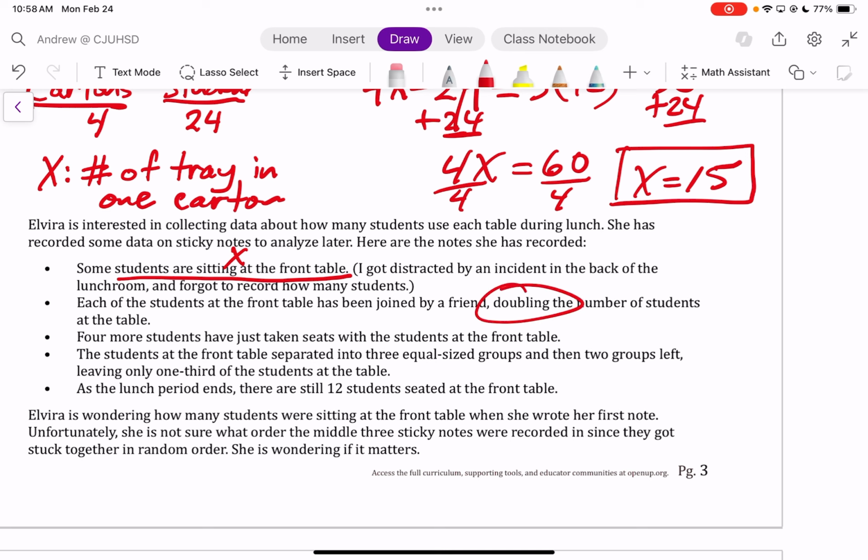She knows that 4 more students sat down, and also that they separated into 3 equal-sized groups, leaving only 1/3. So there's a multiplication by 1/3 there. As the lunch ends, there are still 12 students seated. That's on the other side of the equal sign.